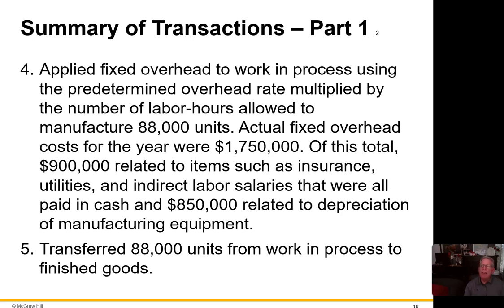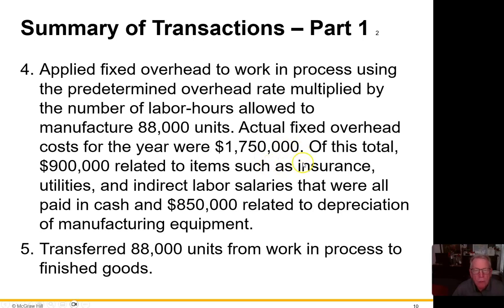Then we apply fixed overhead to work in process using the predetermined overhead rate multiplied by the number of labor hours allowed to manufacture 88,000 units. The actual fixed overhead costs for the year were $1,750,000.